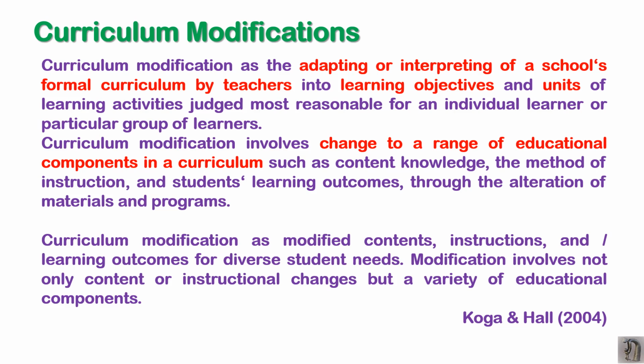So curriculum modification is modified content, instructions or learning outcome for special education needs students. Modification involves not only content or instructional change, but a variety of educational components as well. This definition was given by Kogo and Hall in 2004. You can keep this in mind, because it is a very important definition and very easy to understand.